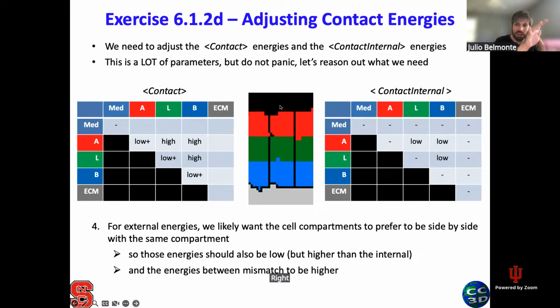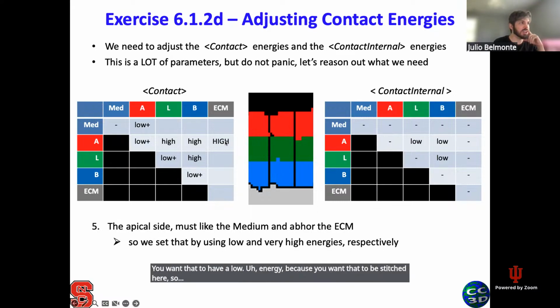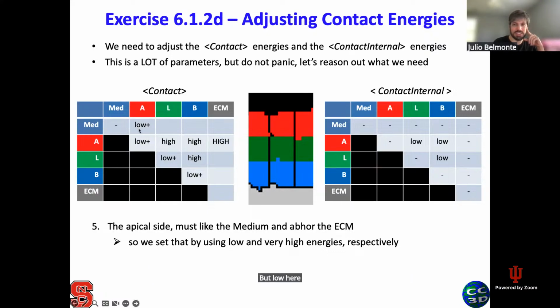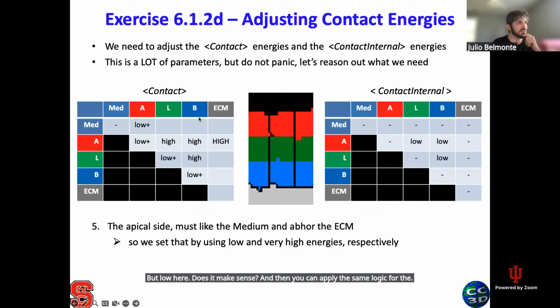The apical side is the part of the cell that actually touches the medium. So actually, you want that to have a low energy because you want that to be touched here. So you actually do high here, but low here. Does it make sense?